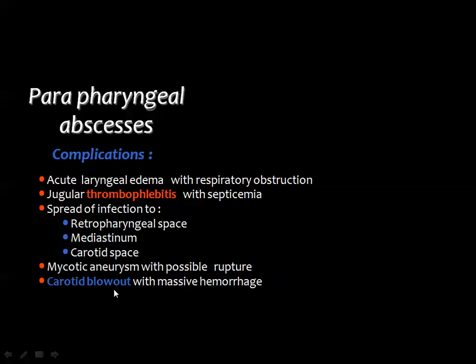weakening of the carotid wall leading to mycotic aneurysm, and this aneurysm may rupture, what is known as carotid blowout, with massive hemorrhage. Then the abscess has a similar way of spreading into the retropharyngeal space, downward into the mediastinum, and of course into the carotid area.